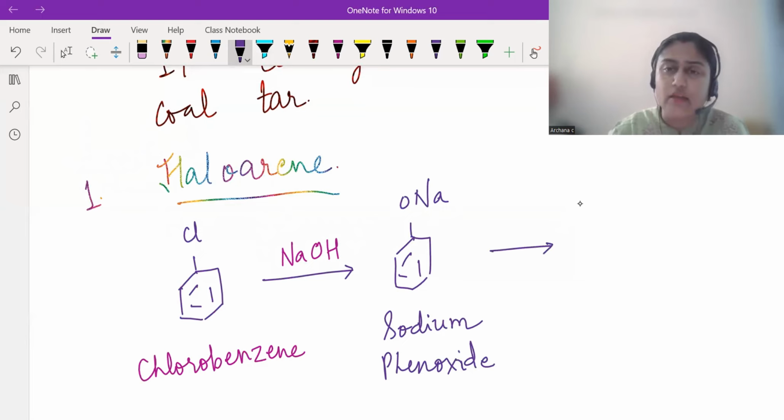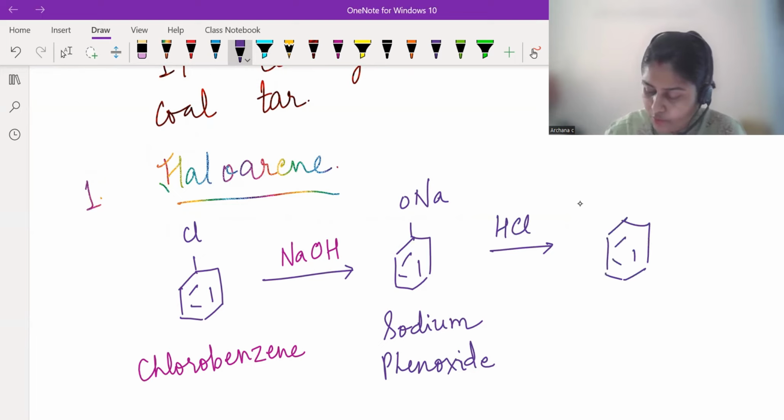Sodium phenoxide is then further treated with HCl to obtain phenol. This is the first synthesis of phenol.